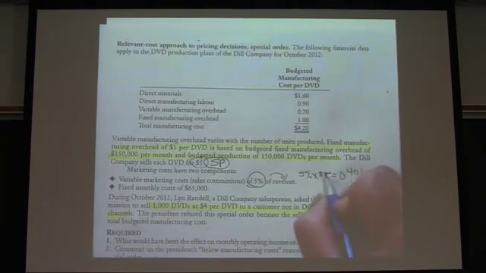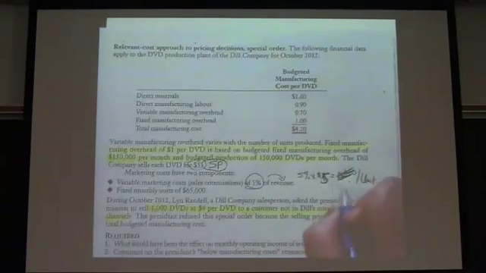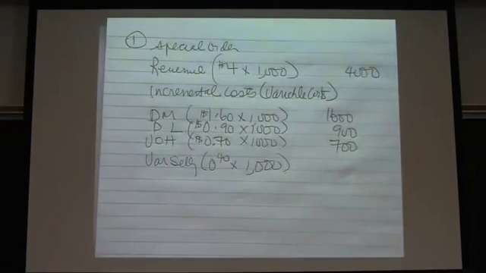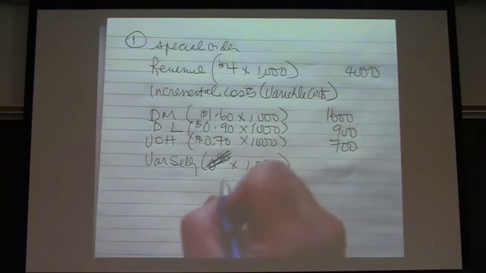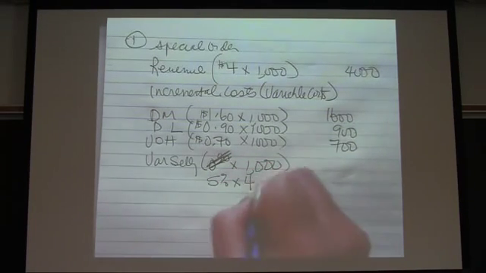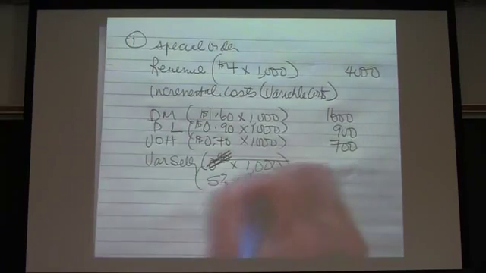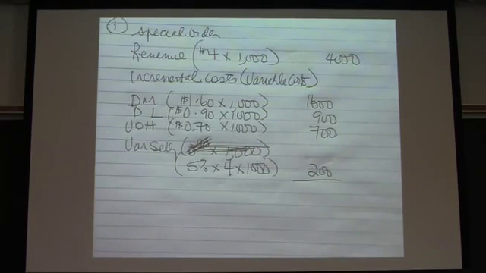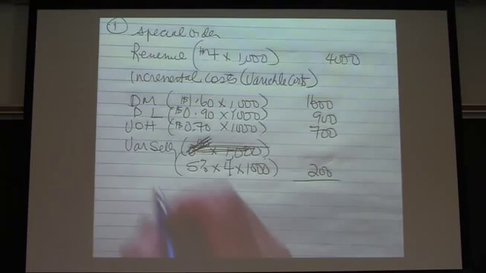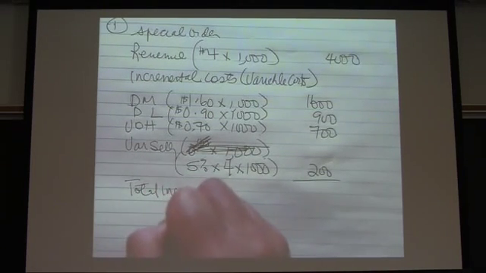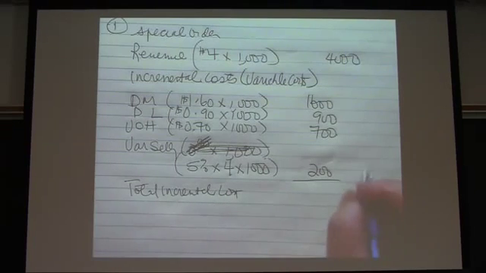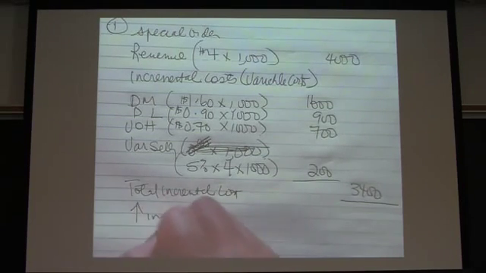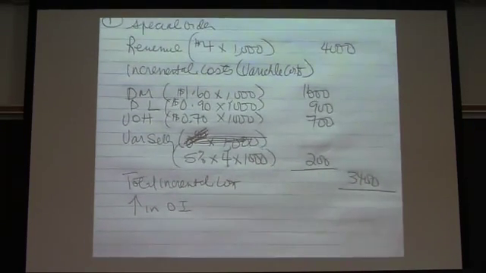I guess this is $5. Sorry. But really, it's 5% of $4, isn't it? So it's really 5% of 4 times 1,000. Sorry, that was my bad. Okay? So that's $200. And the total incremental cost is $3,400. And the increase in operating income is going to be the difference between the two, which is $600.